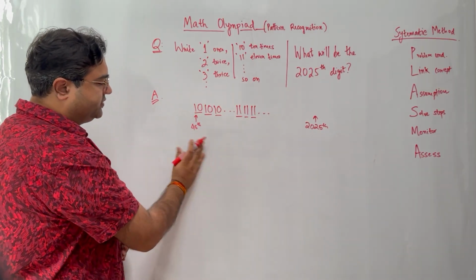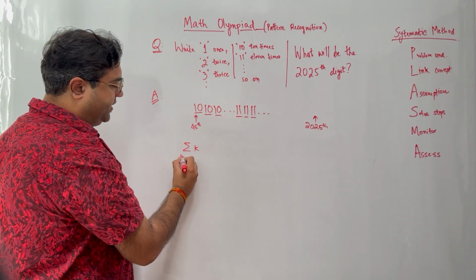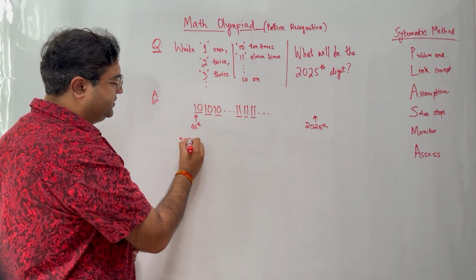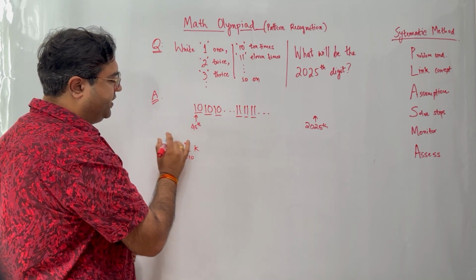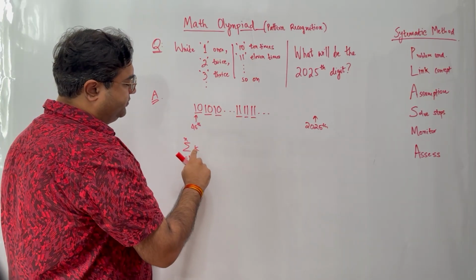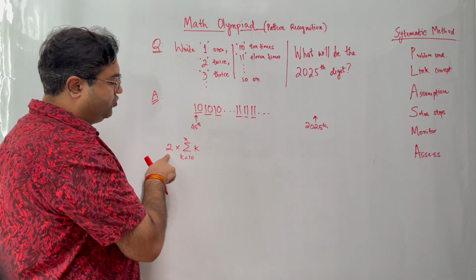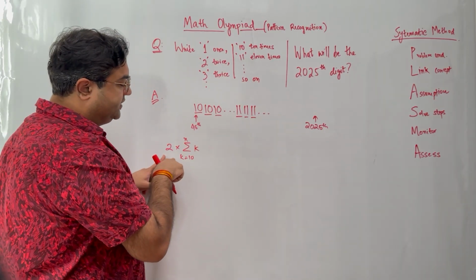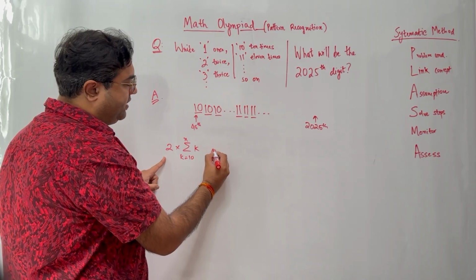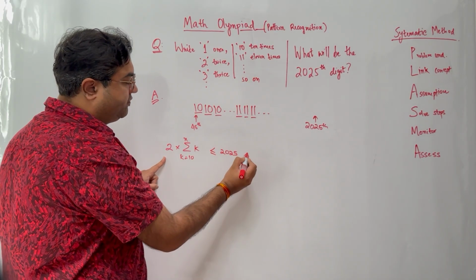What I mean is sigma of k, when k starts from 10 to, let's say, some value n which we have to find, but it will have 2 digits. So we have to get 2. This whole sum should be less than or equal to 2025.